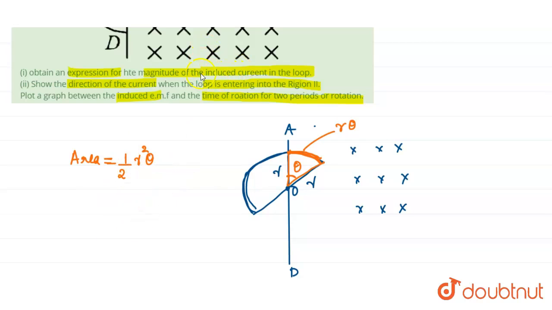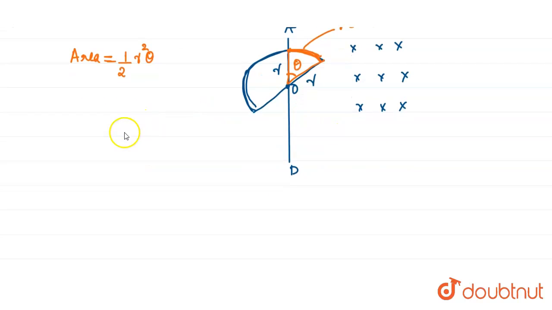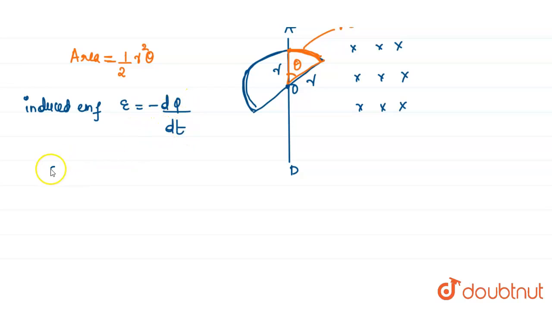First we are asked to find the induced current. For that, first of all we need to find the induced EMF. Induced EMF is given by EMF is equal to minus d phi by dt. What is phi here? Phi is the magnetic flux, that is magnetic field into area.